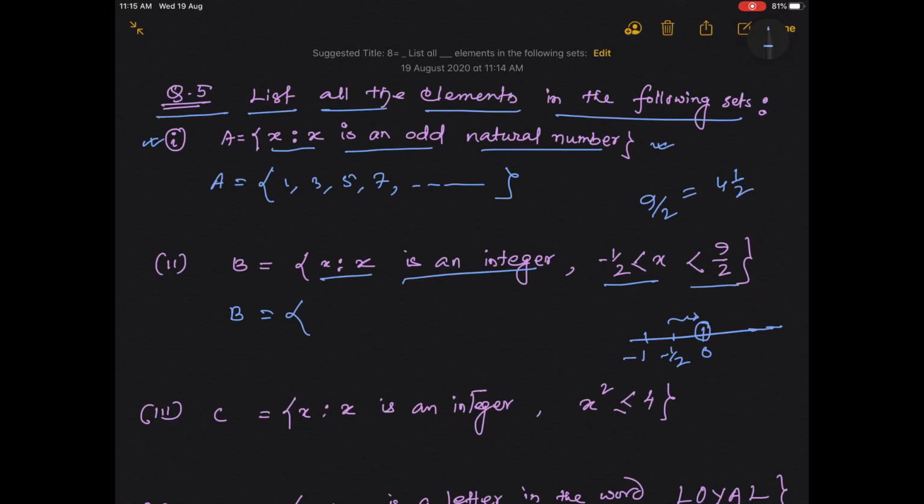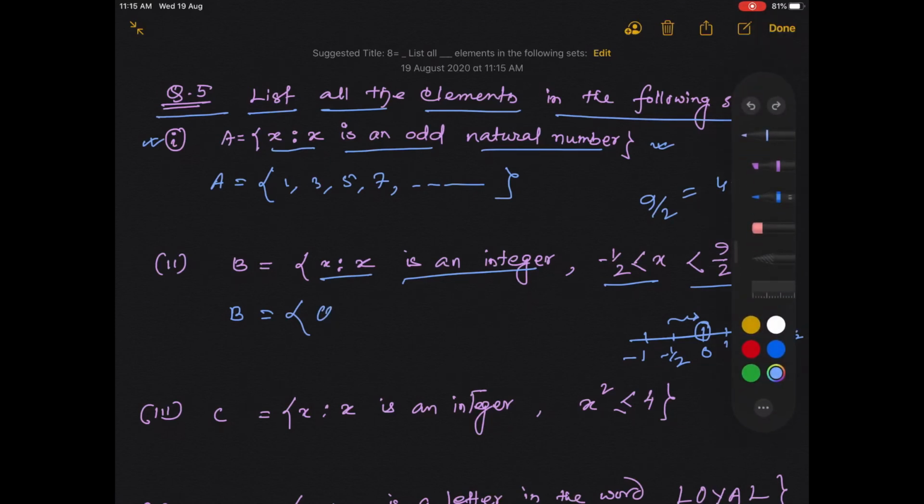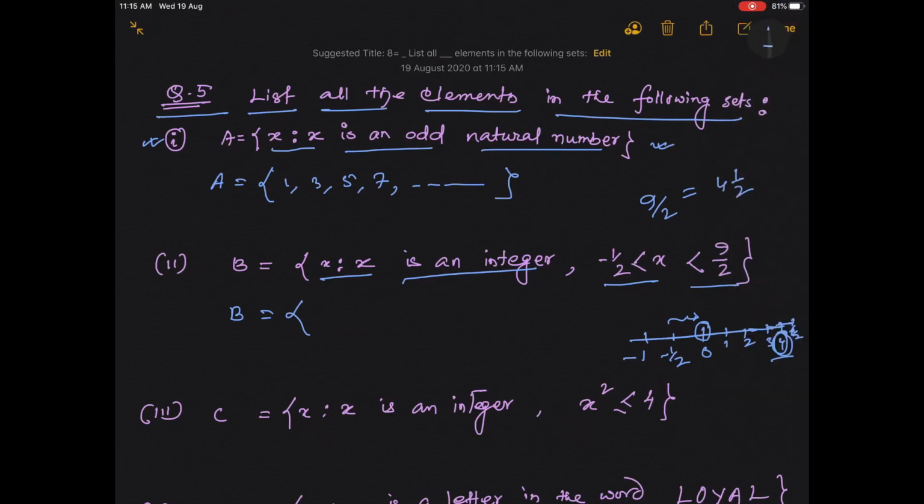And here 1, 2, 3, 4, then suppose it is 4.5. Before 4.5, 4 is the greatest integer. So we can include here 0, 1, 2, 3 and 4.